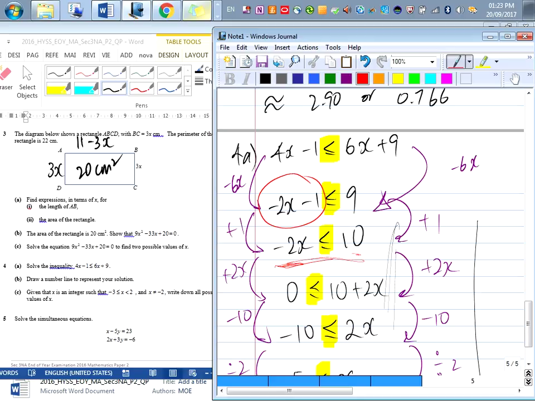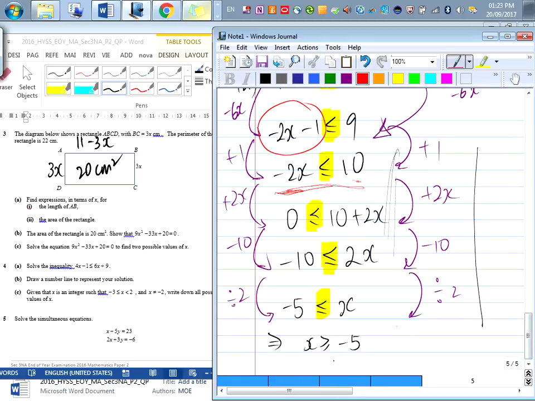Where do you see me change the sign? You mean at the bottom? This one? The reason why I changed this is because we like to put x on the left hand side. Like when I ask you to solve for x, do you write 5 equals to x or do you write x equals to 5? You write x equals to 5.